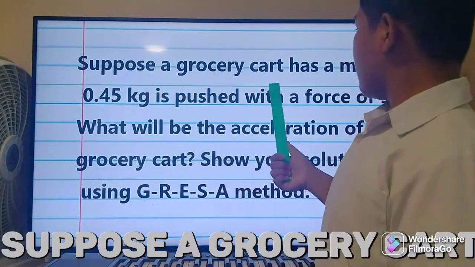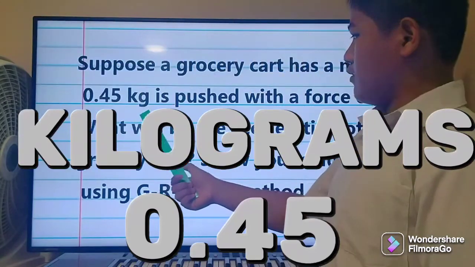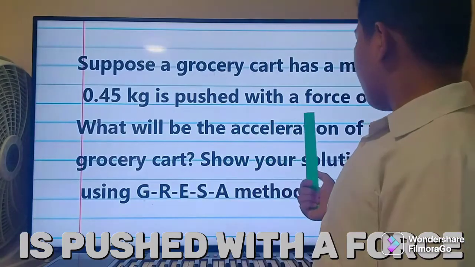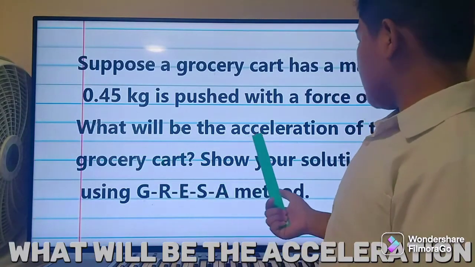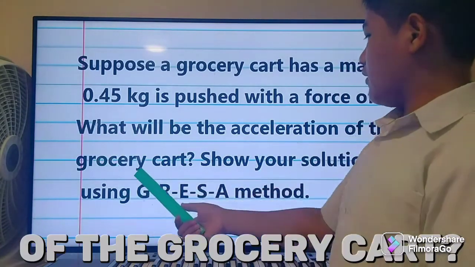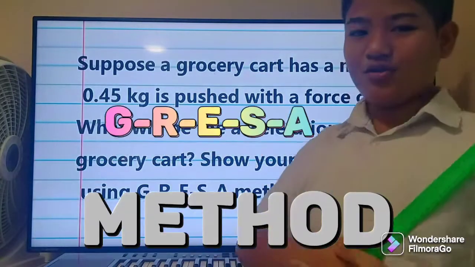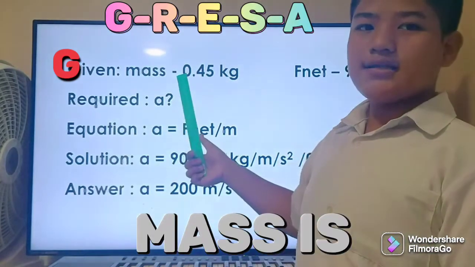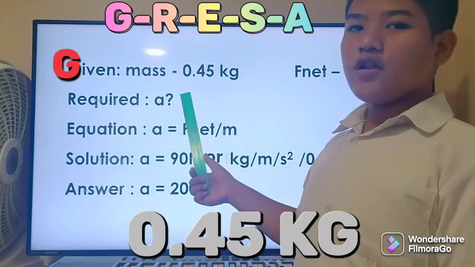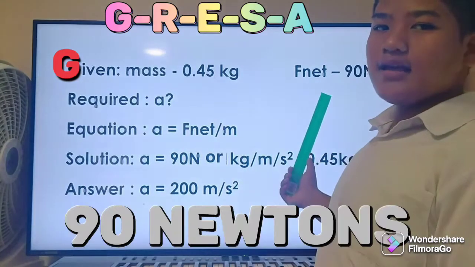Suppose a grocery cart has a mass of 0.45 kilograms and is pushed with a force of 90 newtons. What will be the acceleration of the grocery cart? Following the GRESA method. Given: mass is 0.45 kilograms, force is 90 newtons.